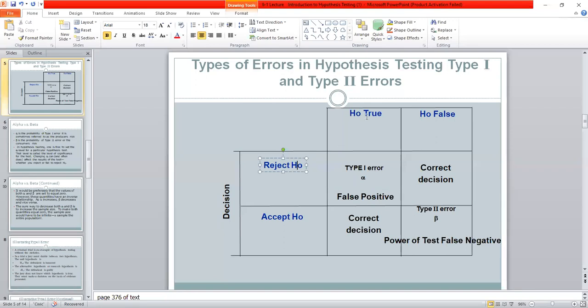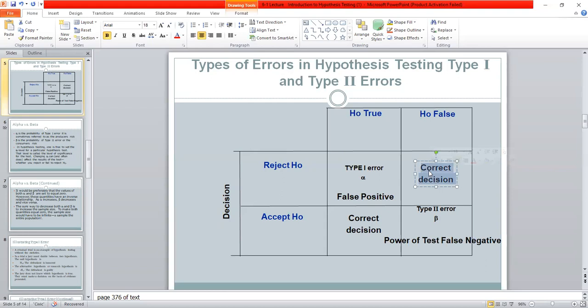Rejecting a true null. So this is one of the errors you can commit. However, when you reject H0, because it's H0 you are testing, when H0 is false, there is no error. That is a correct decision.